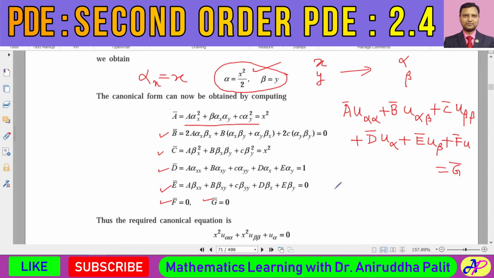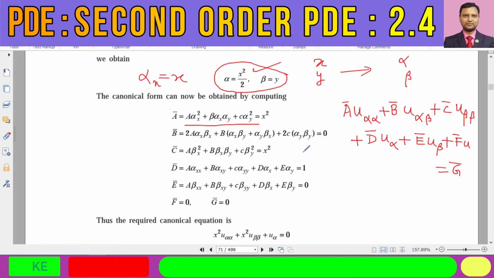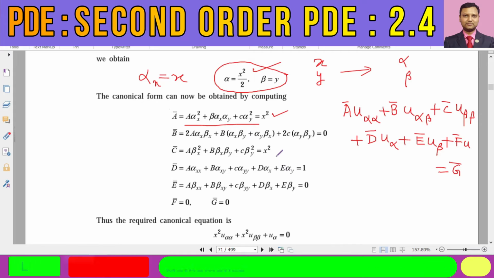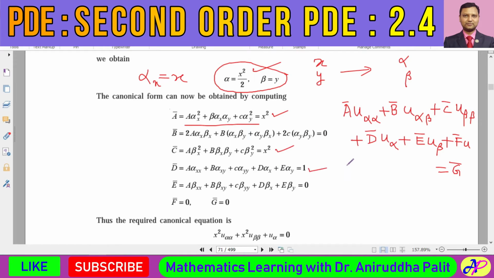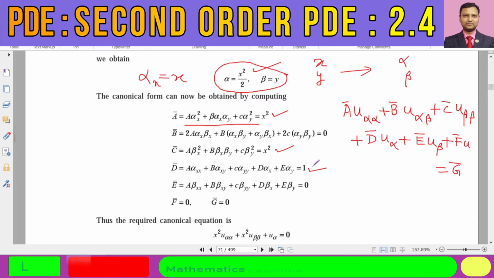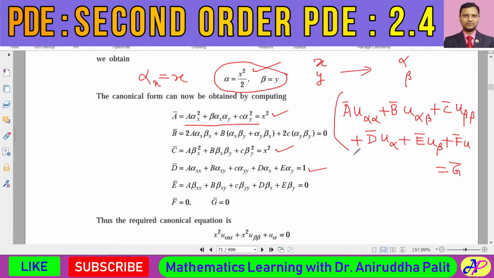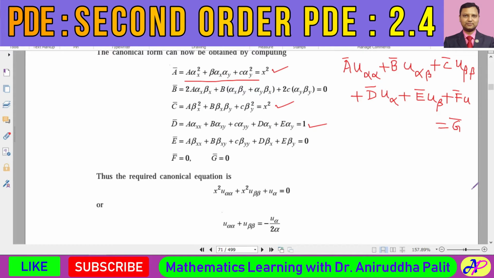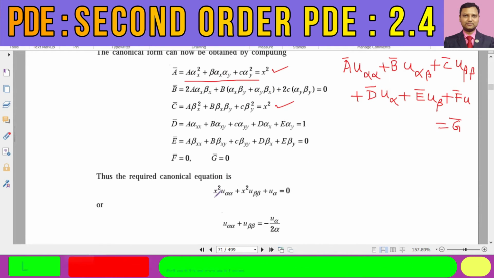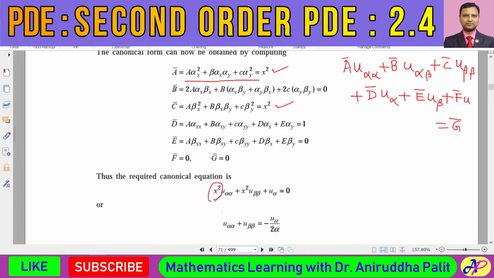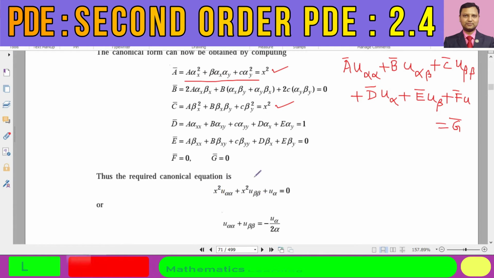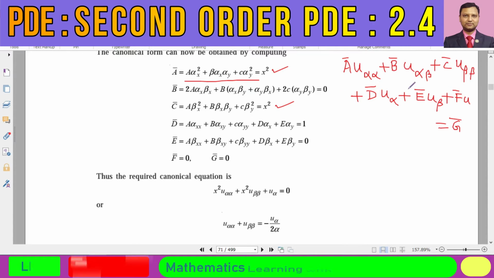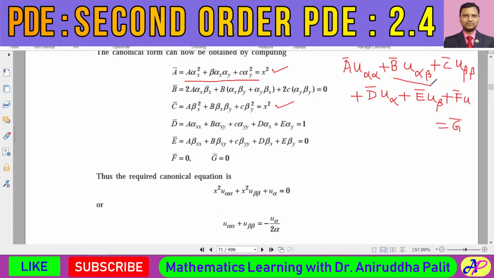What we find is that only a non-vanishing contribution comes from A bar, then C bar, and D bar. So if we put the values of these three expressions in this partial differential equation, this is our A bar into u alpha alpha. Then b bar is equal to 0, so forget about this u alpha beta term.